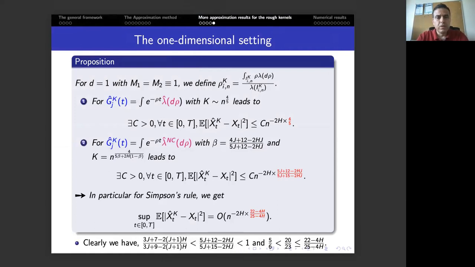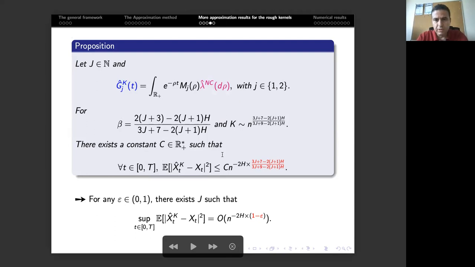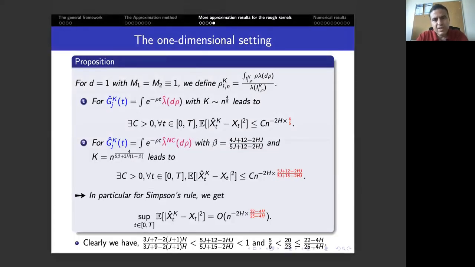So now, all this stuff is of course in the d-dimensional setting. However, for the one-dimensional setting, more things can be done to improve approximation schemes.